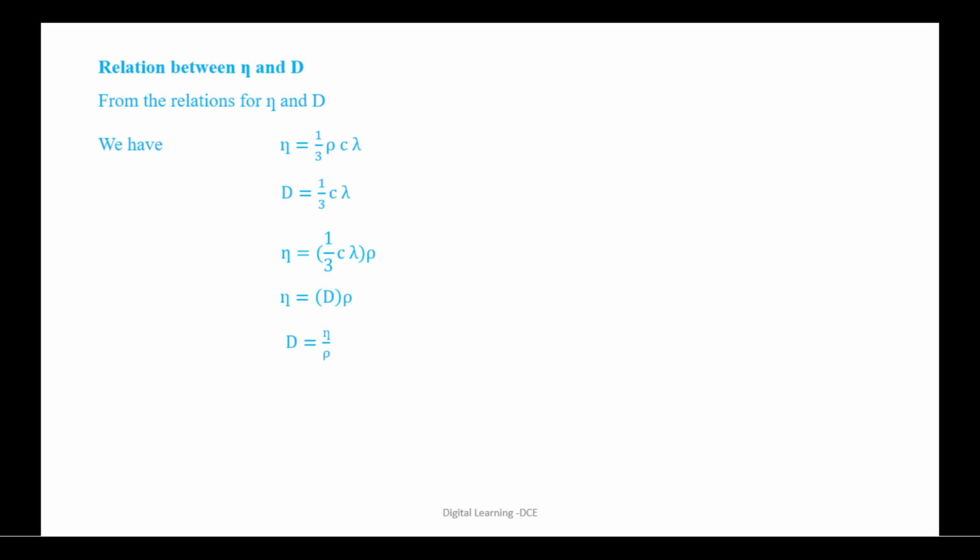Next, the relation between the coefficient of viscosity and the coefficient of diffusion. Here η represents the coefficient of viscosity and D represents the coefficient of diffusion. From the equations, η = 1/3 ρ C λ is the expression for the coefficient of viscosity, and D = 1/3 C λ is the expression for the coefficient of diffusion.